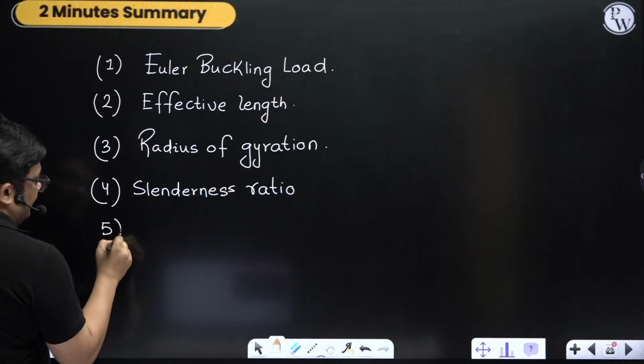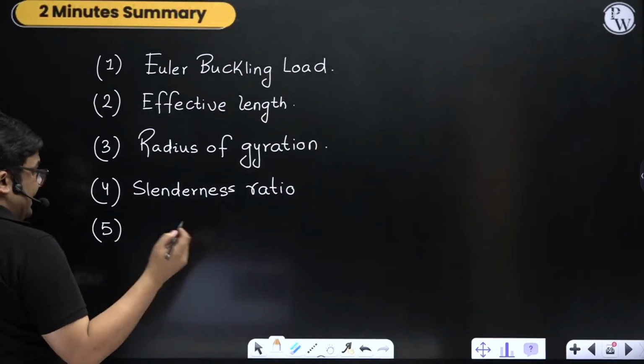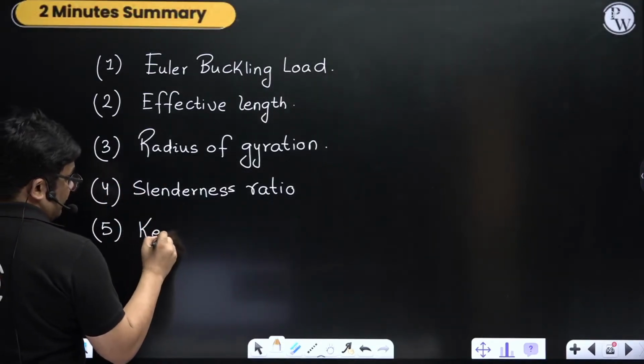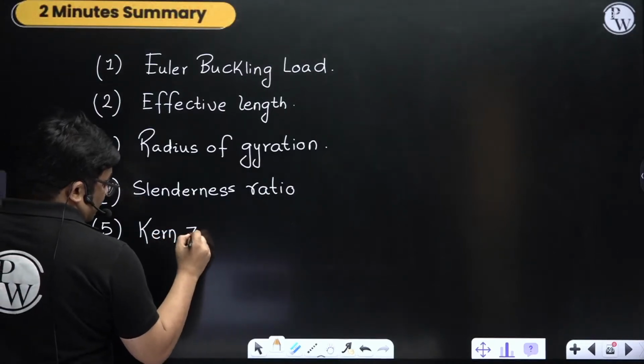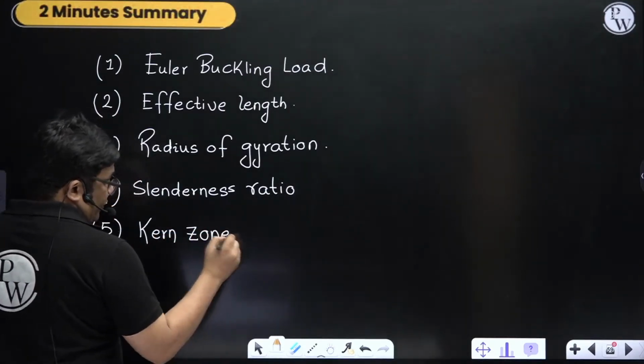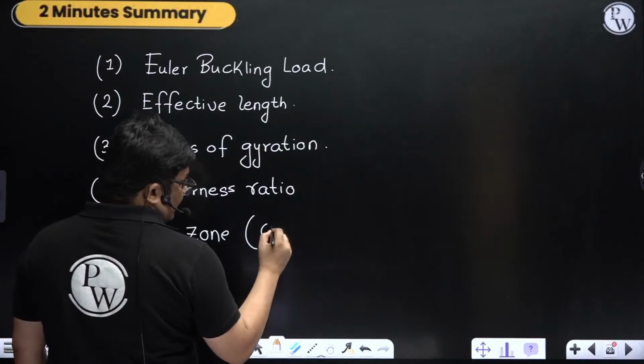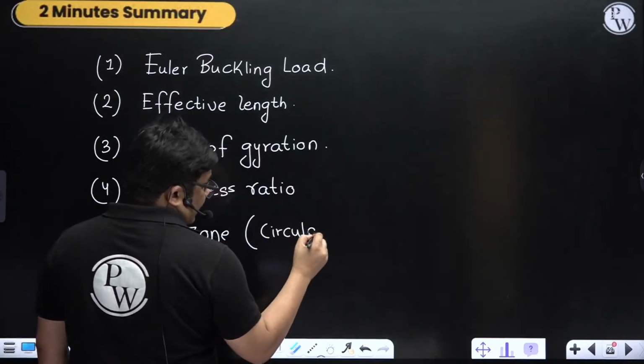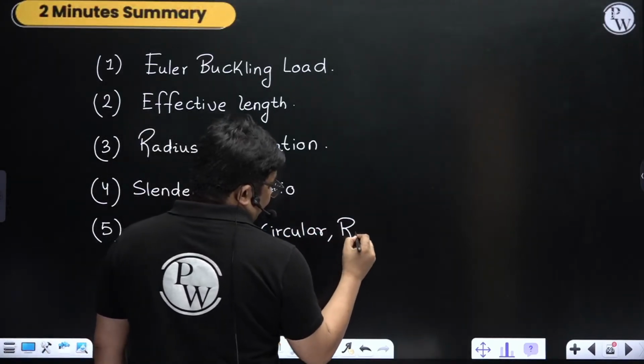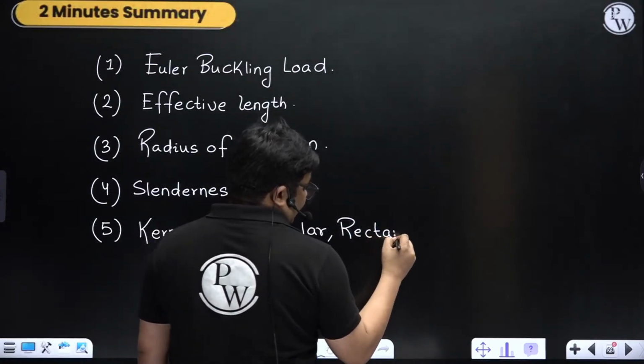Then we studied about the combined axial load and bending, and in that we studied mostly about what? Kern zone, right? Kern zone, very important topic. In that we saw circular section, rectangular section, and hollow circular section, right?